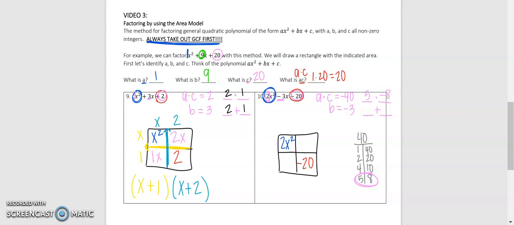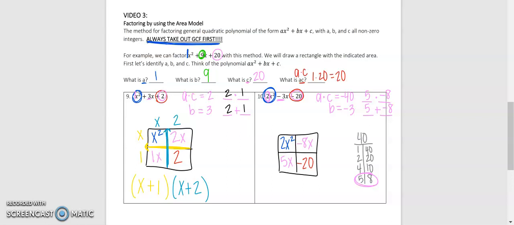All right, and the reason I'm doing the negative 8 is because I want this to be a negative 3, and 5 plus negative 8 is what's going to give me a negative 3. So I'm going to fill this in. We'll have 5x on one value, and then negative 8x in the other box.